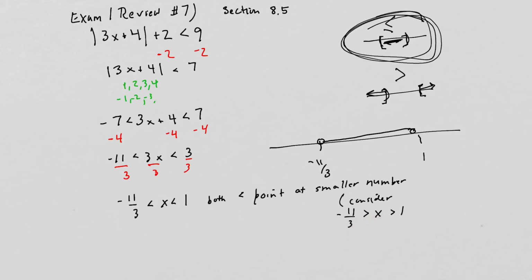Well, there are no x's that are smaller than negative 11 thirds and larger than 1. So both inequality symbols have to be pointing at the smaller value, or else you actually don't have any x's at all in your description.